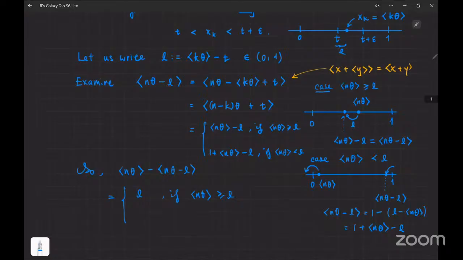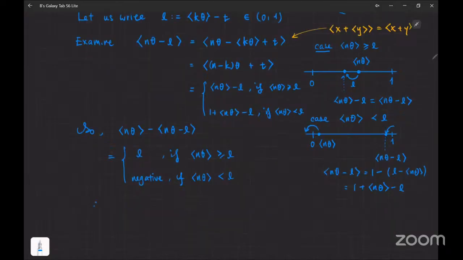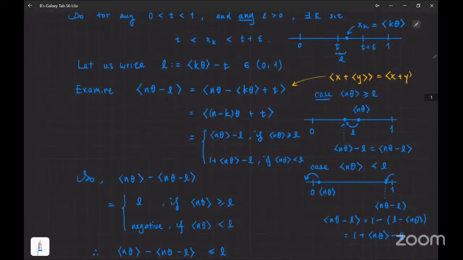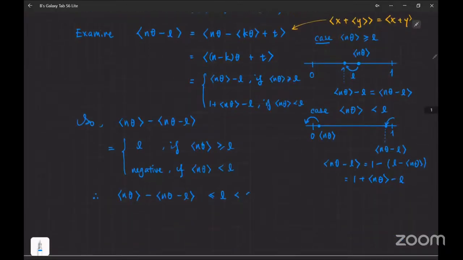This is a negative number if n theta is less than L. Conclusion, however, is that n theta minus n theta minus L is less than or equal to L, because L is positive and the negatives are less than this, and L is less than epsilon. Okay, so this is an interesting intermediate conclusion.